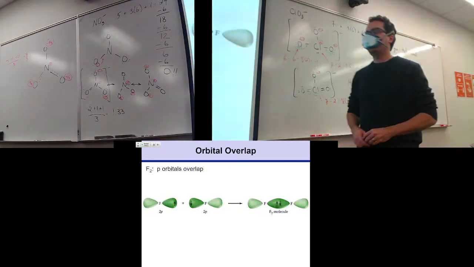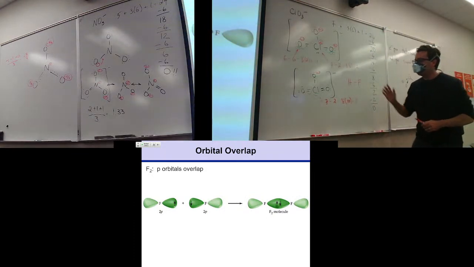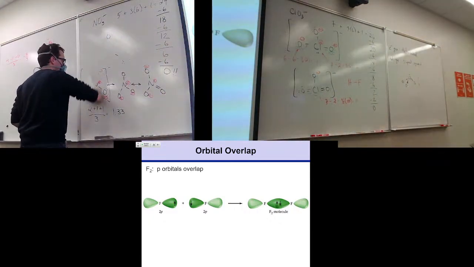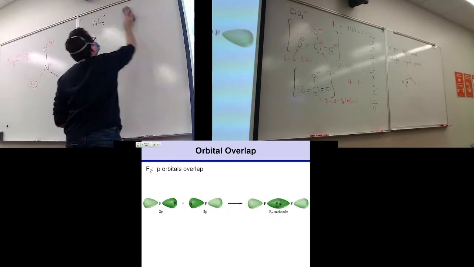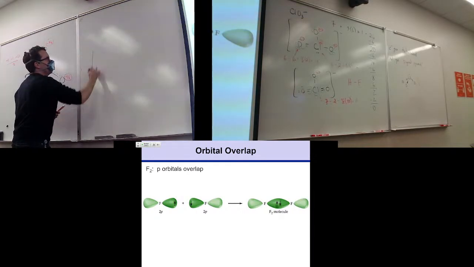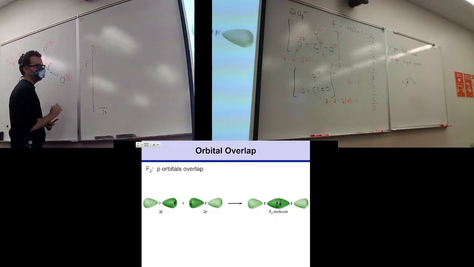You can do the same with 2 fluorine atoms. So for the fluorine, let me remind you about this unpaired electron, right? Make sure we're on the same page. When I draw fluorine's orbital diagram, you've got the inner electrons, the 1s, which we don't really touch.